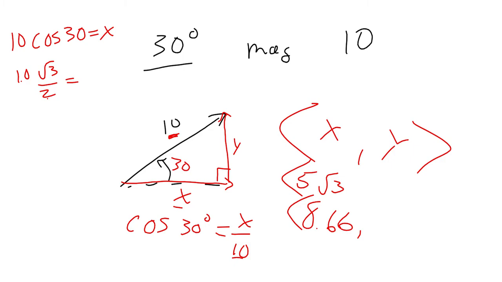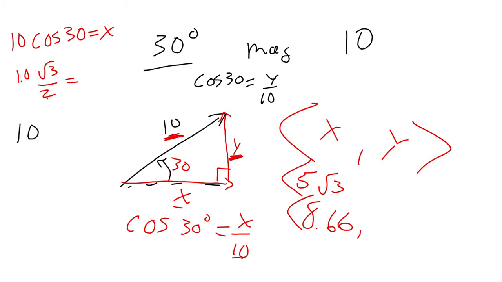So to figure out the y here, okay, that's the opposite side. So SOHCAHTOA, I know I'm looking for the opposite. I know the hypotenuse, and again I have the angle. So to find this opposite side, it's going to be cosine 30 equals y over 10. Multiply both sides by 10.